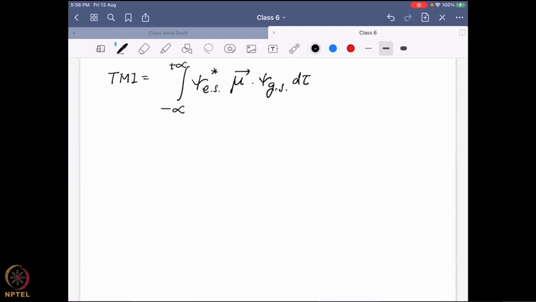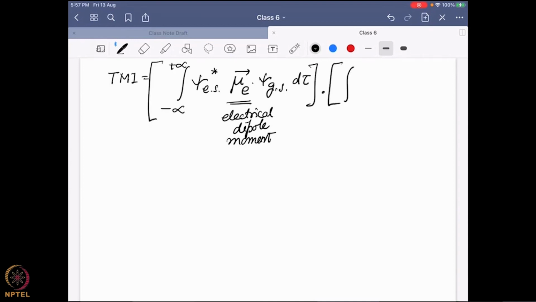But over here, instead of mu, I'm going to write mu E. That means this is the electrical dipole moment. And very similarly, this is factor number 1.